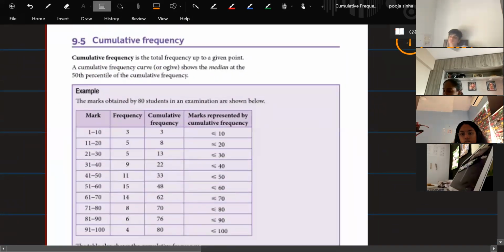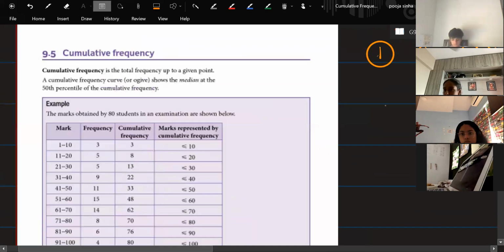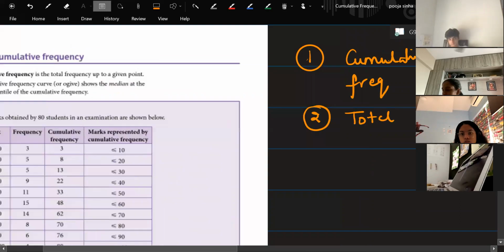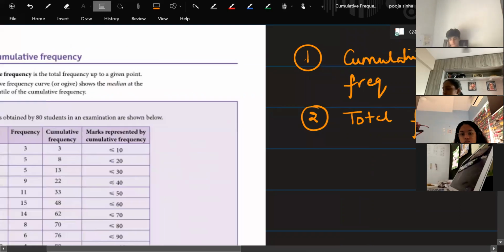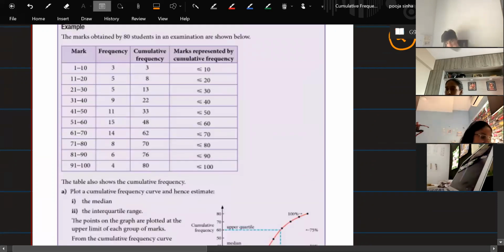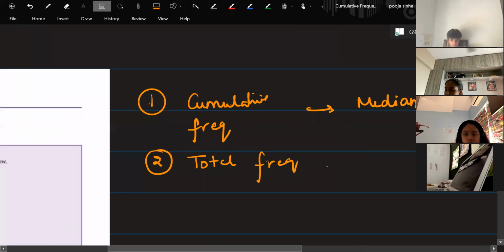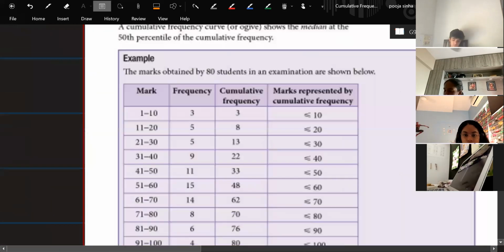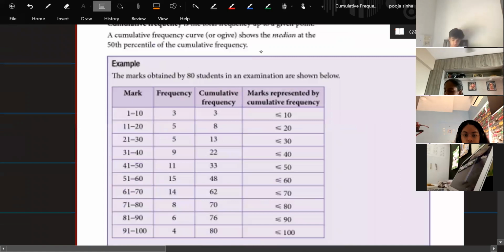Cumulative frequency is the total frequency. Point number 2. Total frequency. We used to add everything, but not total frequency till the end. Total frequency up to a given point. Which means total of frequency, correct?